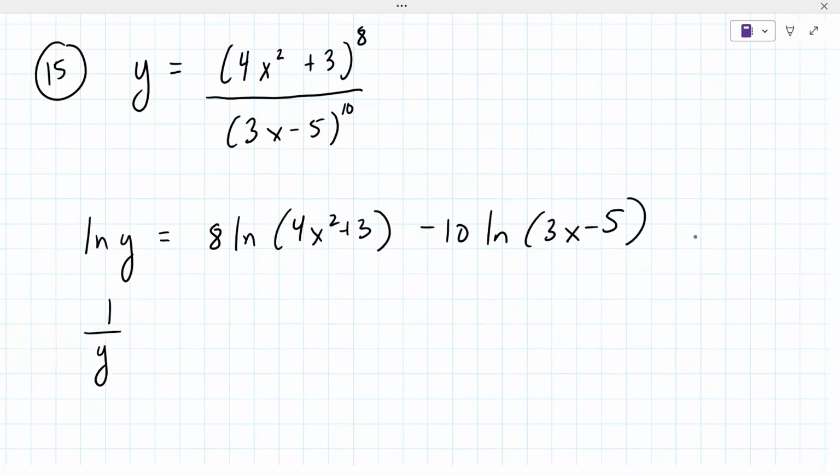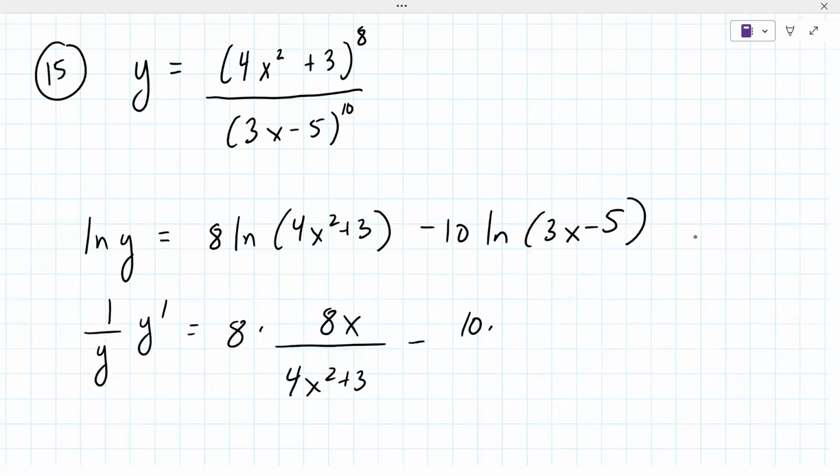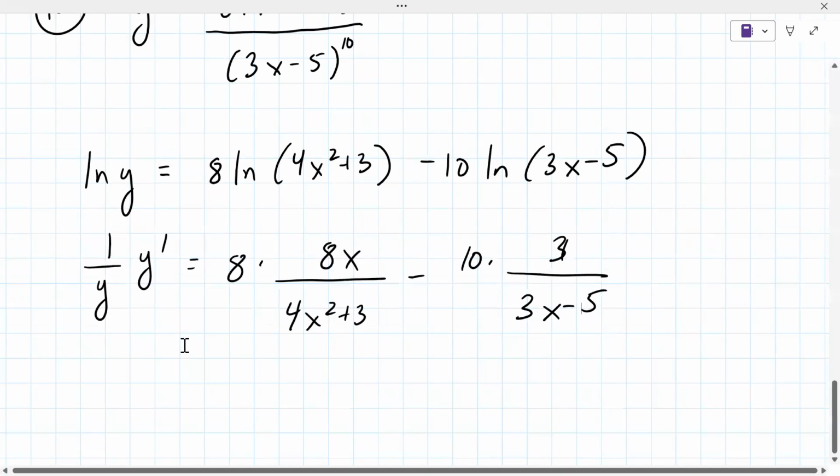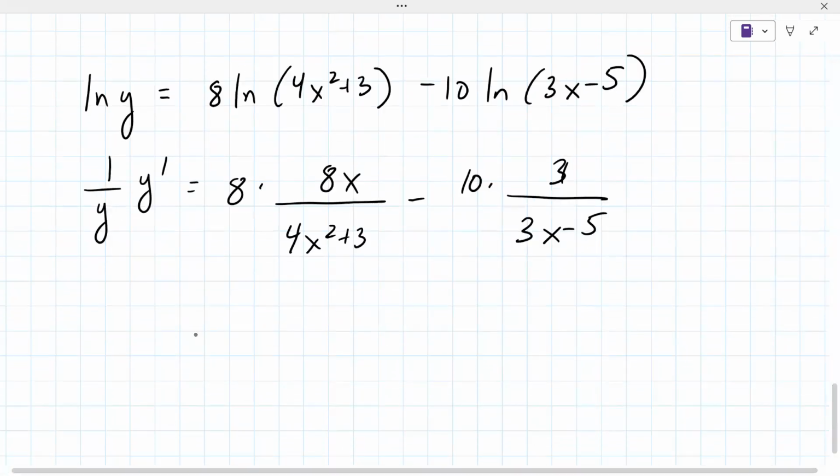So on the left it's 1 over y times y prime equals 8 times 4x squared plus 3 over 8x minus 10 times 1 over 3x minus 5. But you're not done here. You have to then multiply everything by y.